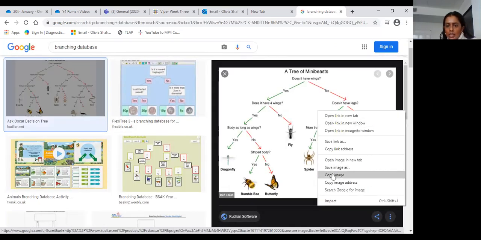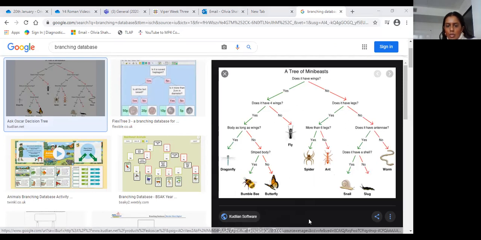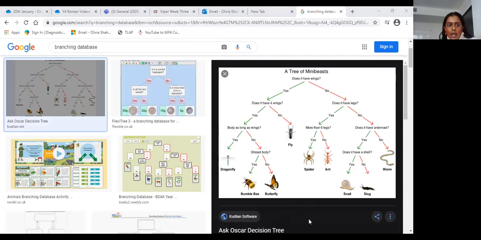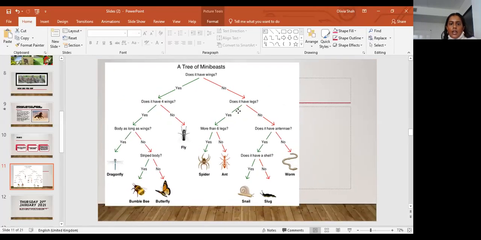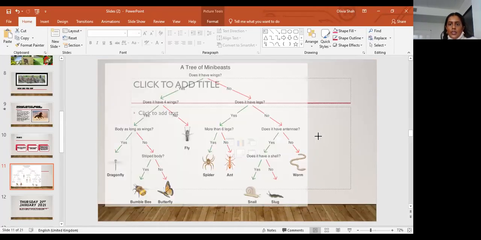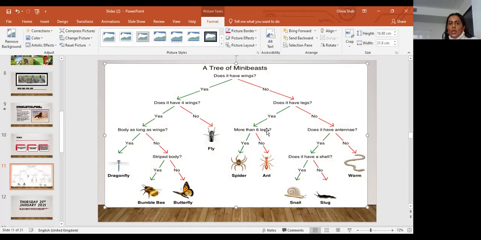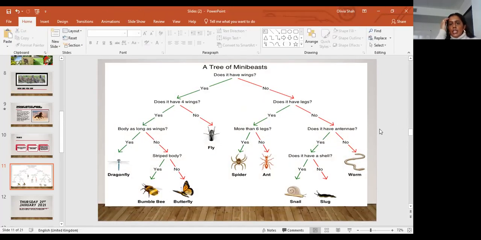So if I just copy this into our PowerPoint, it might help us with understanding the first activity. So hopefully you can see this now. It's just an idea for you to understand. So here's an example of a minibeast branching database.